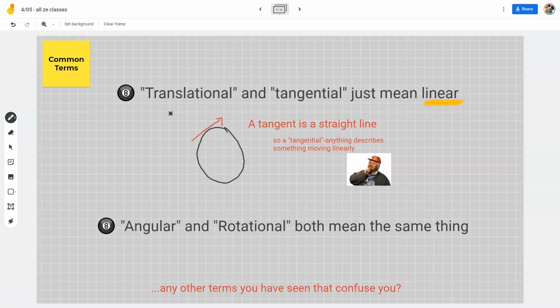So anytime you see something called tangential, it just means something going in a straight linear fashion. Angular and rotational are sometimes used interchangeably, and both mean the same thing. So I could have angular velocity or rotational velocity. They mean the exact same thing. It really just depends on who's writing the problems that you're doing.